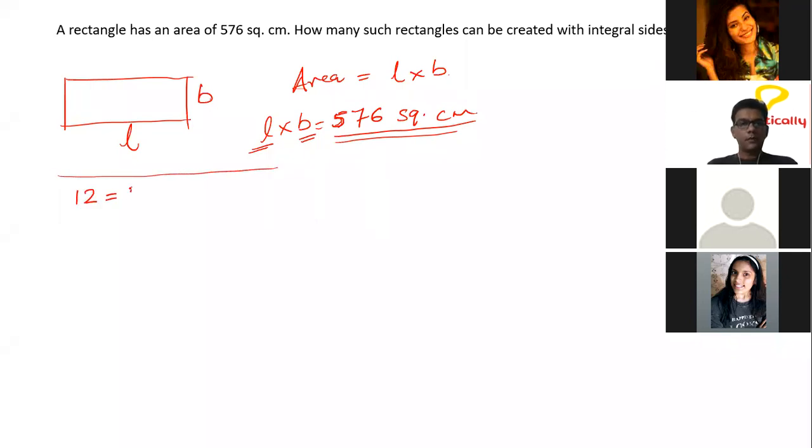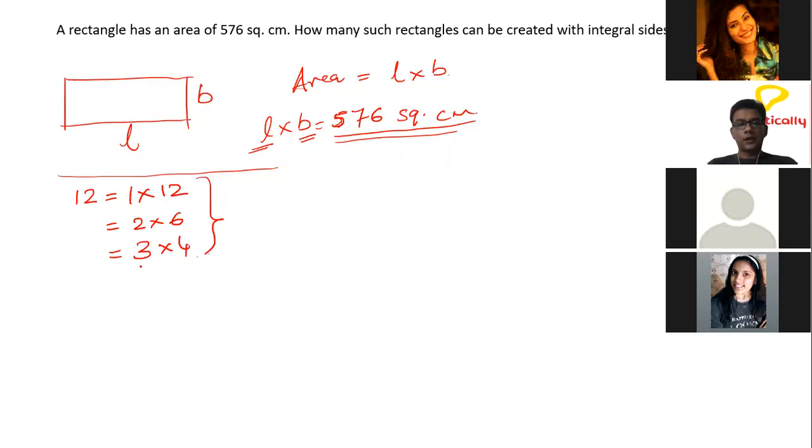Can I get 12 by multiplying 1 and 12? Yes. Can I get 12 by multiplying 2 and 6? Yes. Can I get 12 by multiplying 3 and 4? Yes. Okay. These are all integral values, correct?